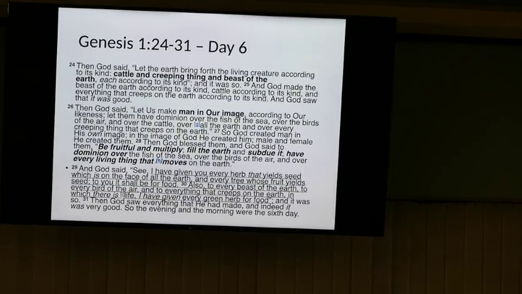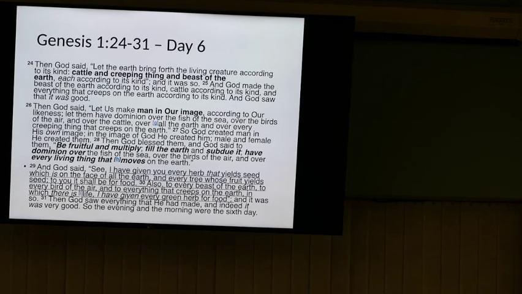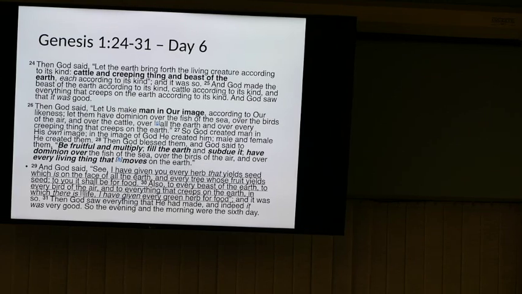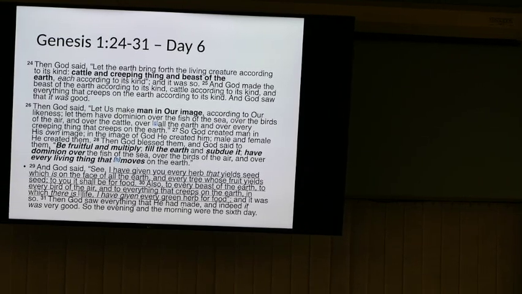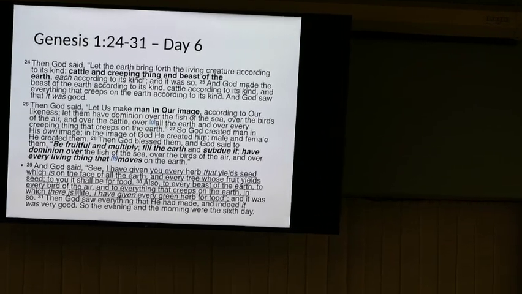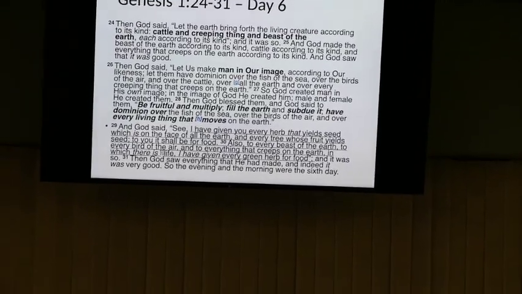Then God blessed them, and God said to them, be fruitful and multiply, fill the earth, subdue it, have dominion over the fish of the sea. By the way, be fruitful, multiply, fill the earth, subdue, have dominion. All of those are words that are used of an invading army going into some place.